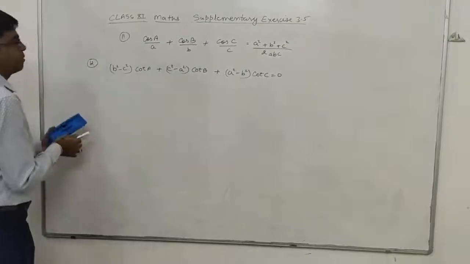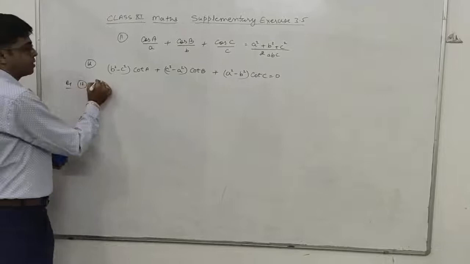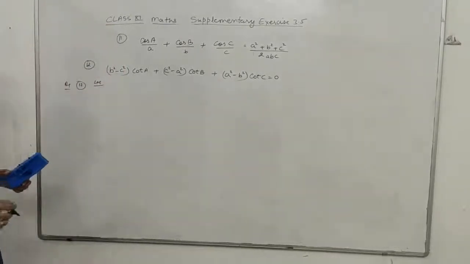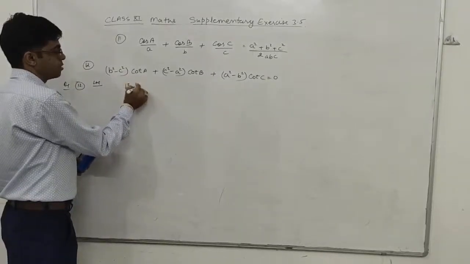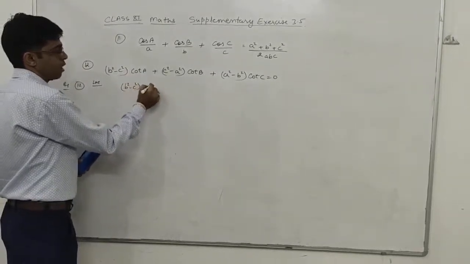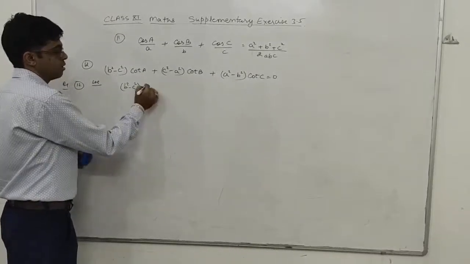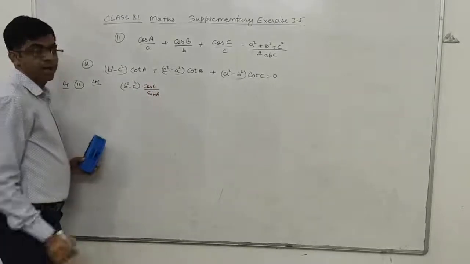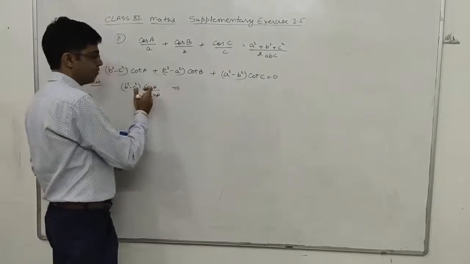So in the 12th question, take the left hand side. This expression is given and we have to prove this equals 0. Firstly we will take b square minus c square cot a, and this cot a we know equals cos a upon sine a. Now use the cosine law as well as the sine formula.